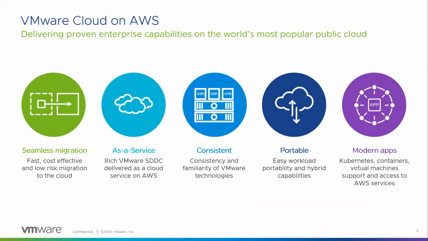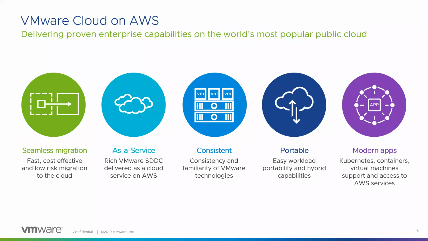As I've said, with VMware Cloud on AWS, we leverage the best of AWS and the best of vSphere to produce a pretty amazing service. One of the principal values is seamless migration. Because it's vSphere on both sides, we get the benefit of moving from vSphere to vSphere, and it tends to be a huge monetary and time savings.